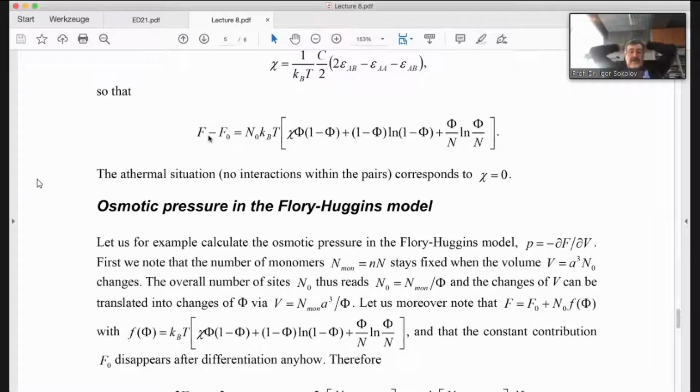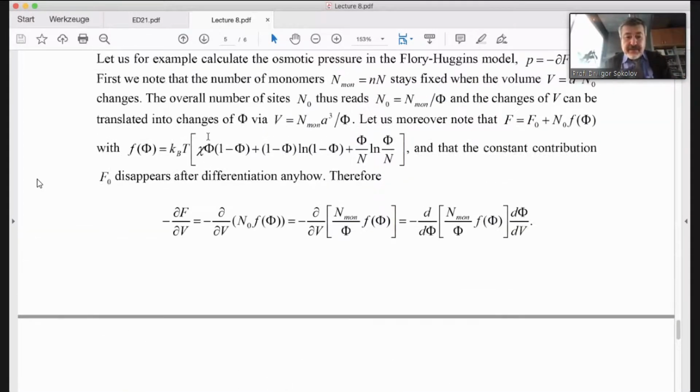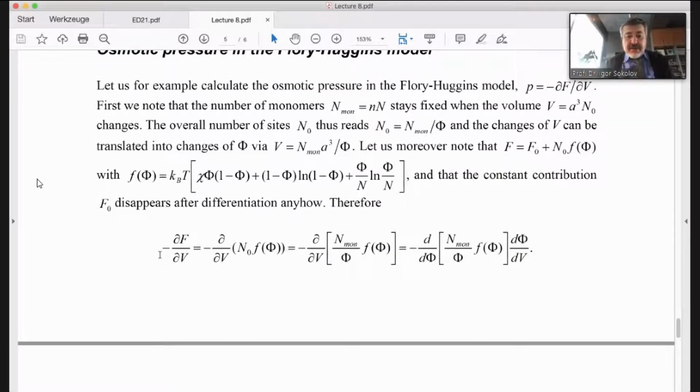But as a function of phi, this expression gives you the correct numerical value of the internal energy. Now I first calculate the internal energy per site, because this is a very nice function, it does not contain n0.